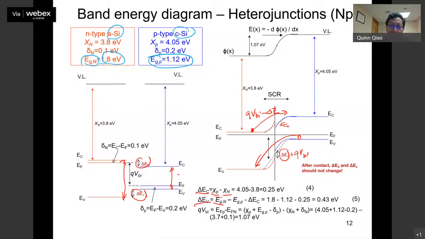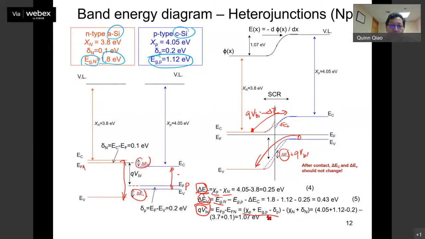So that way you get delta EC, you get delta EV, and then you can calculate the QVBI. QVBI is probably easy. Basically it's EFP minus EFN. What is EFP?